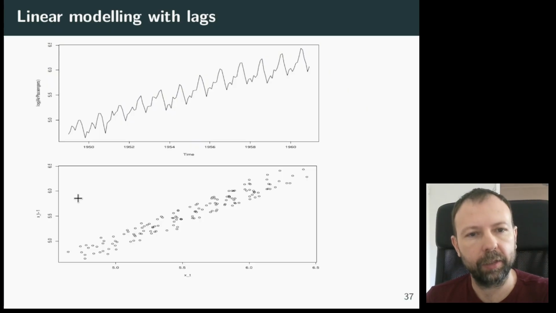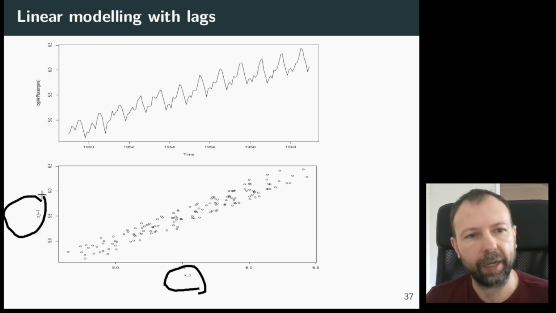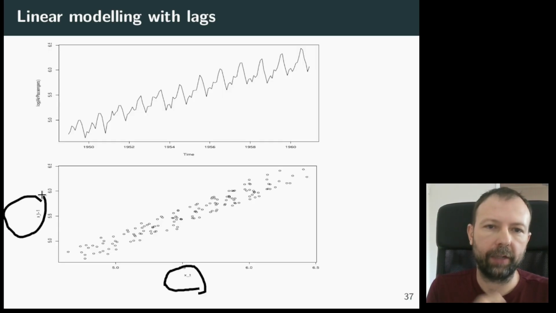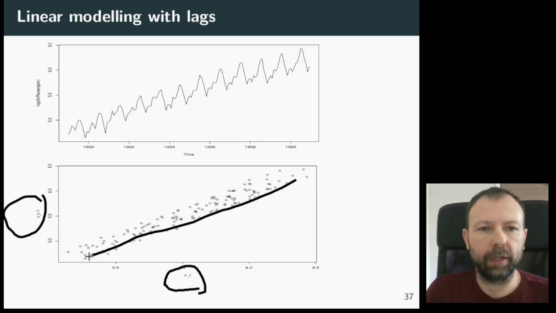It's a bit difficult to read, but we have x at time t, and we plot that against x at time t minus 1. So basically we always plot one value and the value before that. And now we see that there's actually quite a nice linear relationship between those.